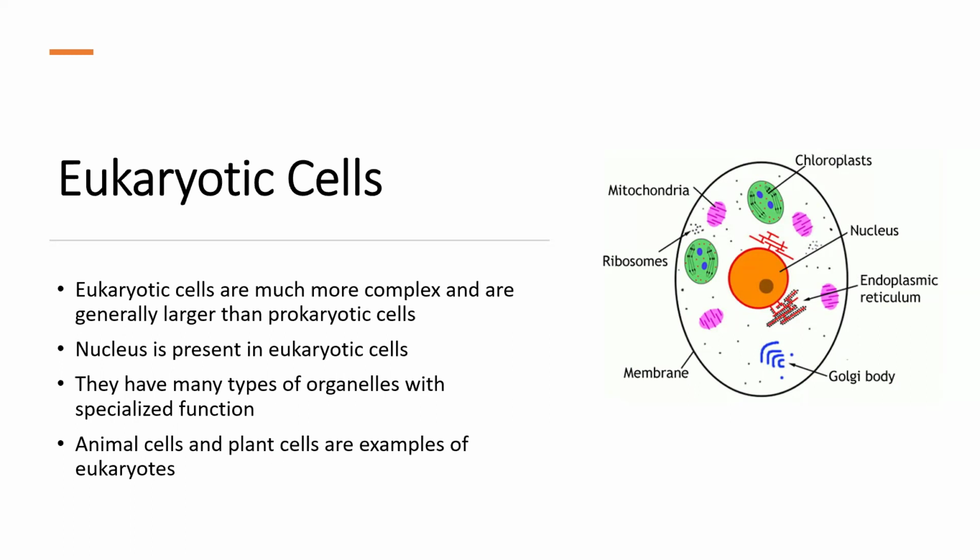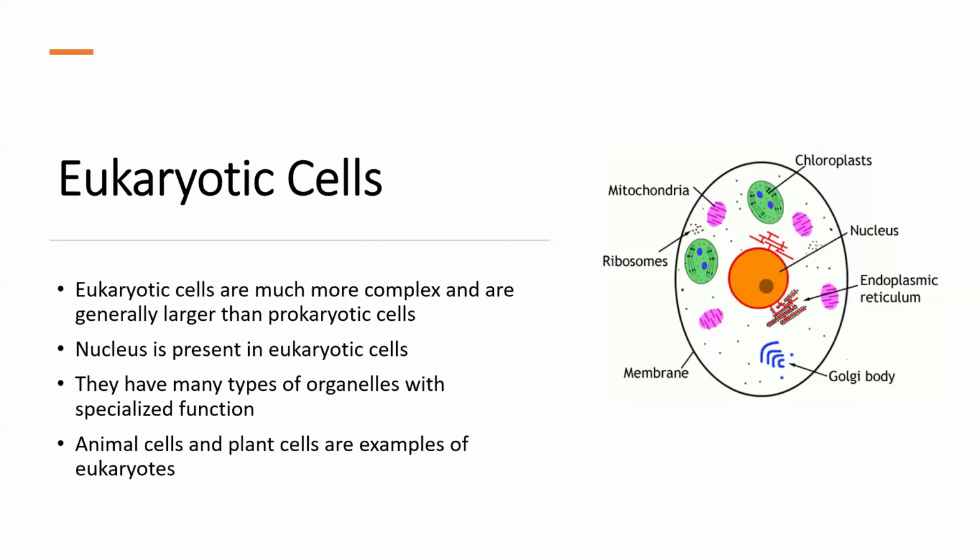Typically, eukaryotes are much bigger, more complex, and more sophisticated than prokaryotes. You can remember P is for primitive. So the prokaryotes are more primitive. They are smaller, they are simpler.